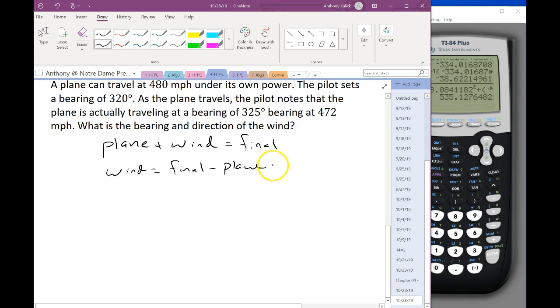So what we can say then, it's going to be xf minus xp, yf minus yp, where I'm using f for the final and p for the plane. I'll use w for the wind as my subscripts.